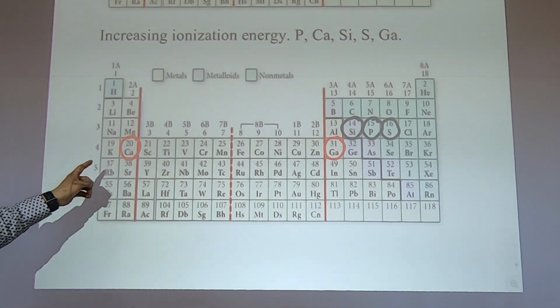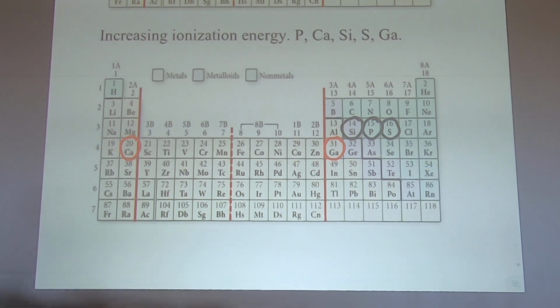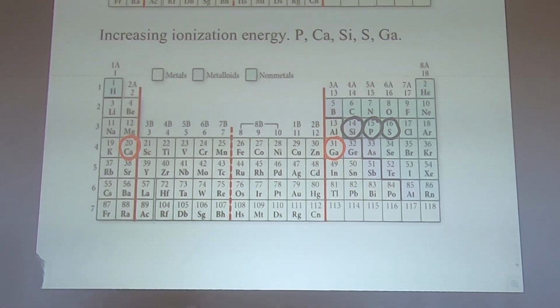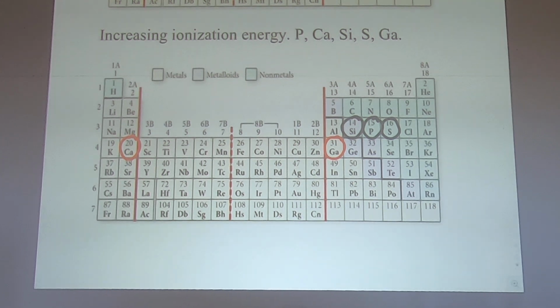So among this, which one is easier? Gallium is easier than the one in the S shell, okay? So I'm going to say the easiest one is gallium and the calcium. So that one I'm done. Let me switch back.